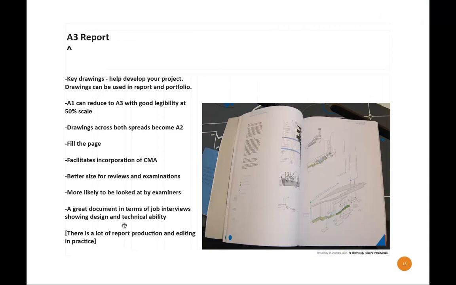And I think it's a great document for job interviews in the future, because it's a visual document. It's a design document, but it's showing technical ability. And it's a good technique, because in practice now, there's a lot of work done putting reports together.